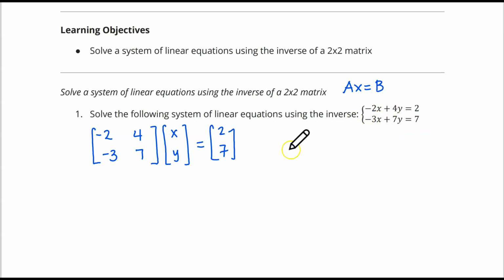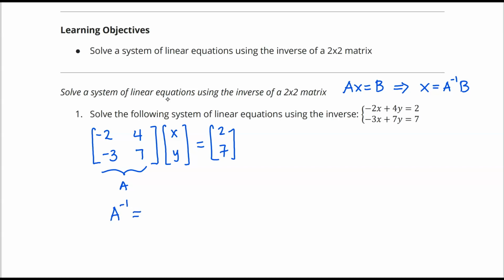Now to solve this, we need to compute the values of X and Y. So to solve for X, X is just equal to A inverse times B. That means we have to get first the inverse of matrix A. So if this is your A, we have to solve first for A inverse.